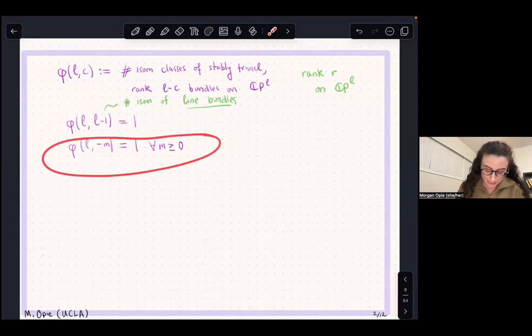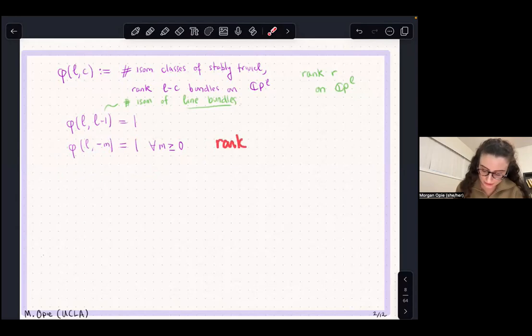Similarly, if we look at bundles of negative co-rank, meaning a bundle of rank L plus M on CP^L for M greater than or equal to 0, what we see is that these bundles are actually already stable, meaning there's at most one bundle with a given K-theory class.